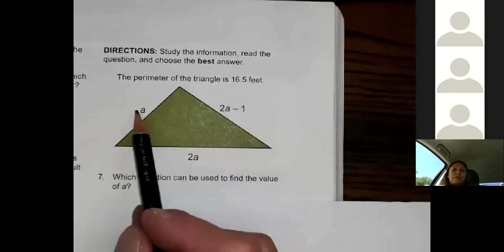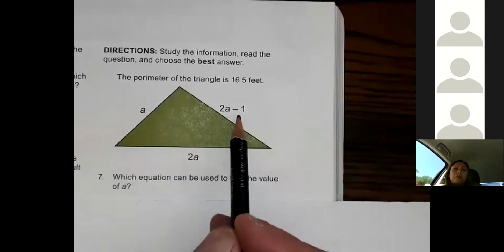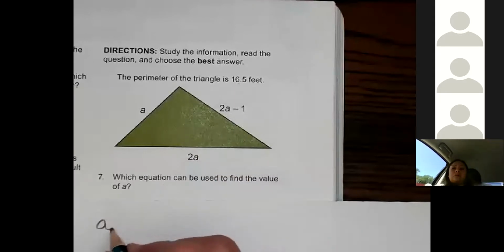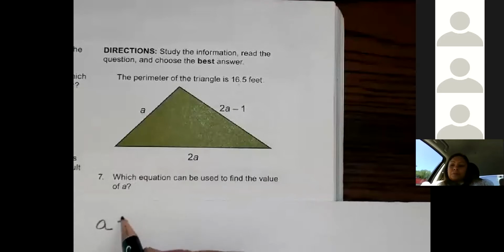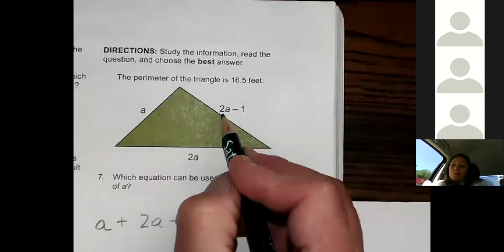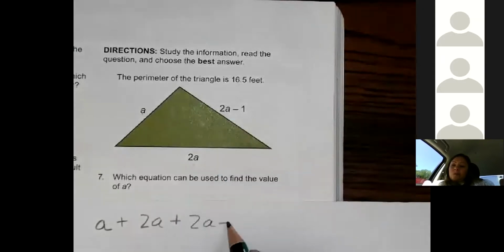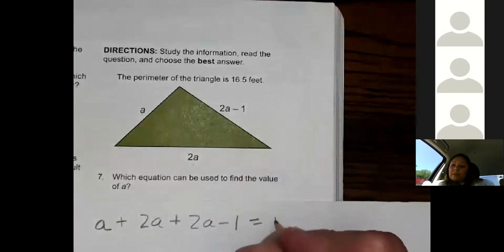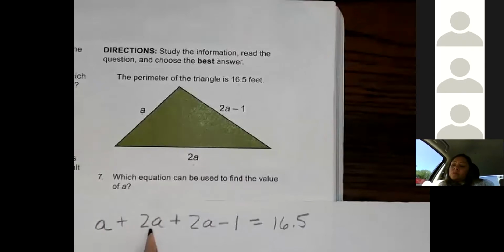We're going to have to add up all of these sides and have it equal 16.5. So we can have A plus 2A plus 2A minus 1. And that has to equal 16.5. Okay, we've got 2, 4, 5 A's all together. If I combine these, they're all on the same side of the equal sign.